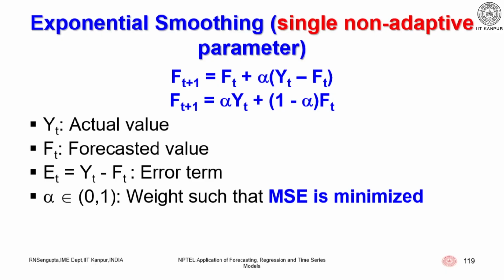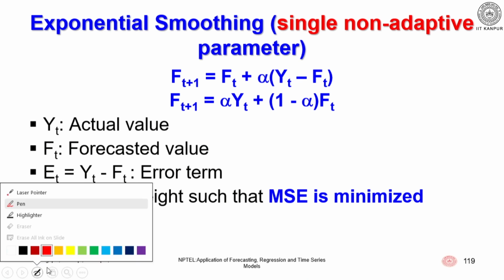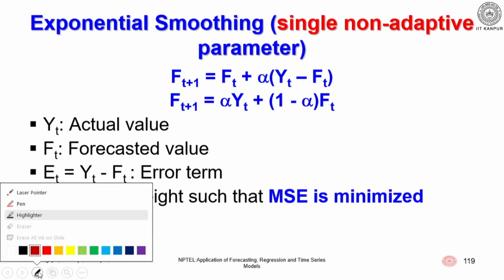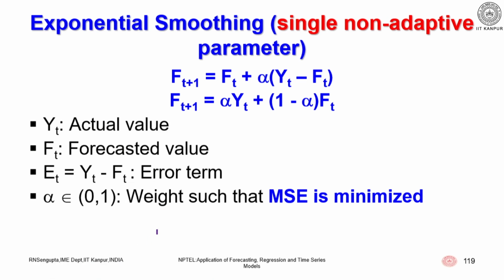Now, we will consider the exponential smoothing non-adaptive parameter, and I will highlight it accordingly. So, here it is. If you consider again the same concept, I will use different colors. So, we will consider y with the suffix t as the actual value.